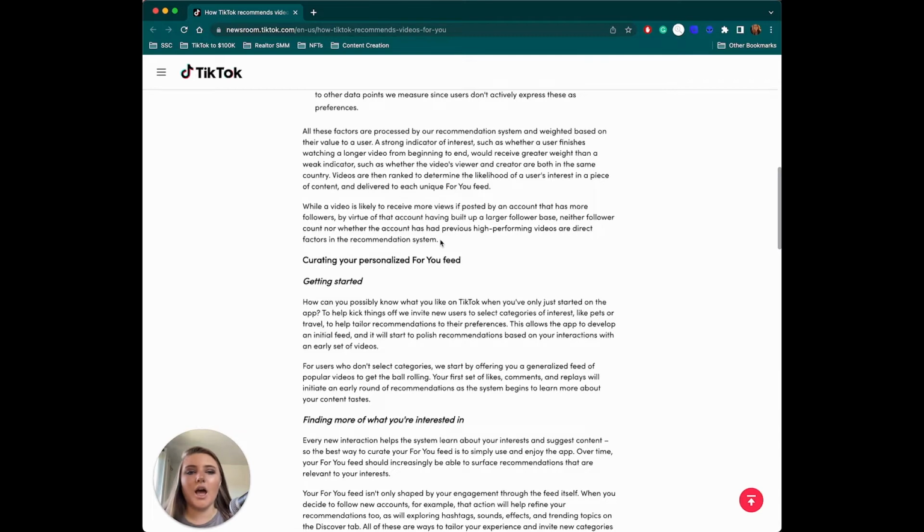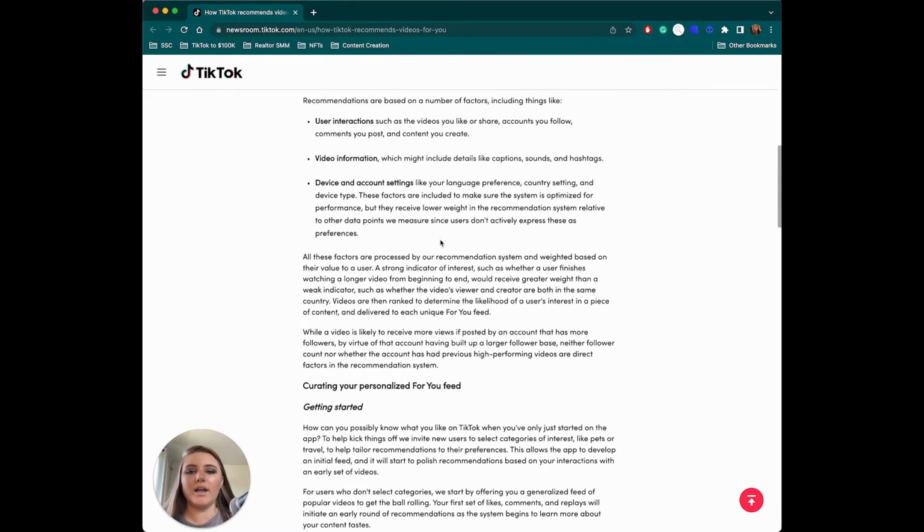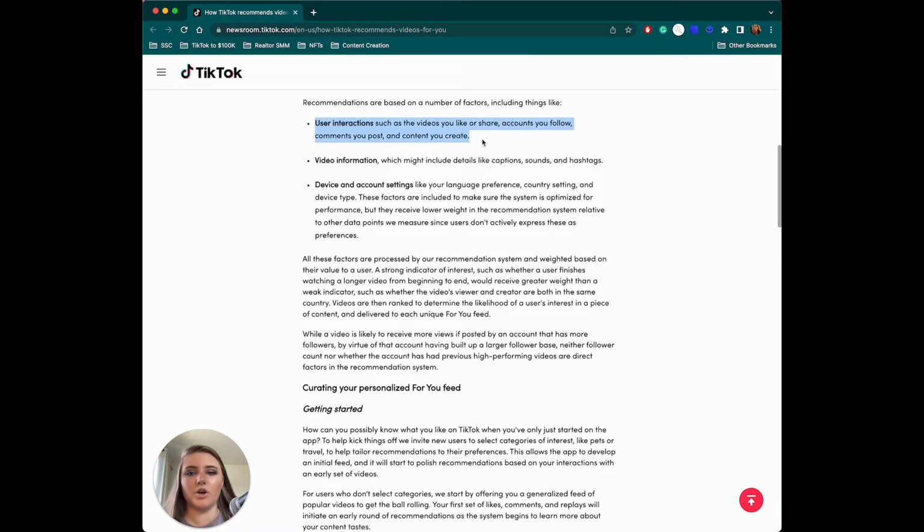With TikTok, of course, you want as many followers as possible, but the amount of followers you have is nothing compared to what data points they're looking at, like what viewers are liking, what they're sharing, what accounts they follow, and content that they're creating. So you don't necessarily have to have a huge following on TikTok to get your video out there to as many people as possible.